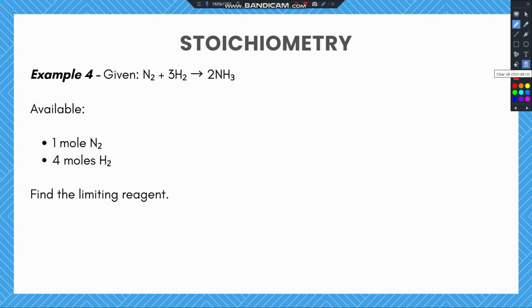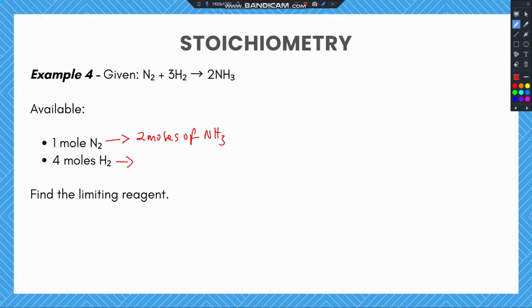So this 1 mole of nitrogen produces 2 moles of NH3. Let's keep that aside. Now let's find out how much product hydrogen can also produce. Anyone that produces less becomes the limiting reactant.